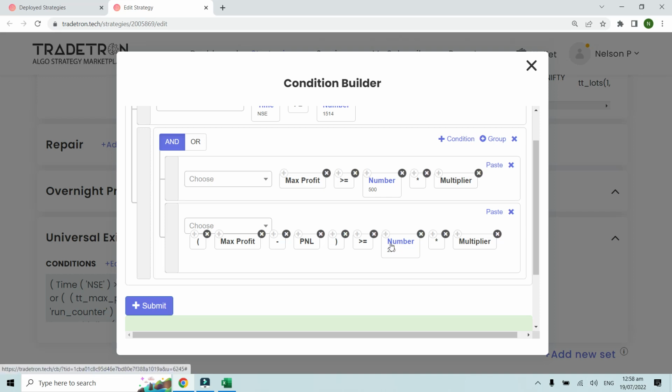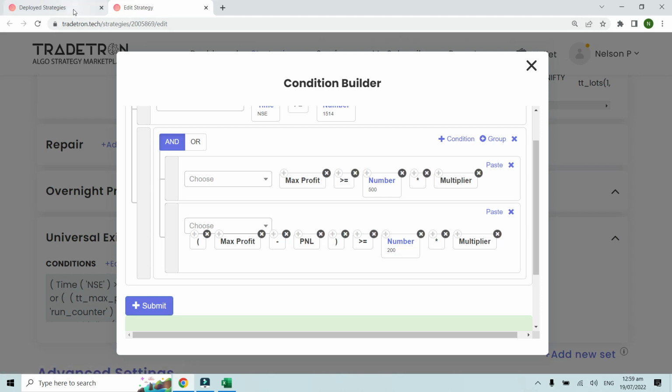For example, if it goes from 500 to say 800, and from 800 it starts coming back by 200 points, then at 600 it will exit the strategy, because we have to exit at least 200 points away from the max profit point. So basically max profit minus PNL should be greater than or equal to 200.